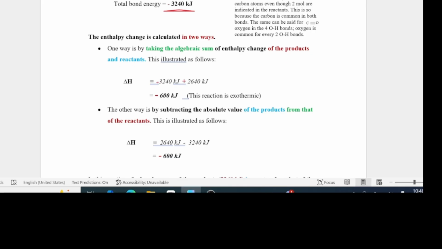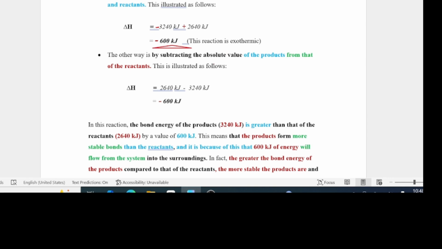You can just add these together. That is the value for the products. Add it to that of the reactants and you end up with this negative value. Or another way would be to take the absolute value of the products and from that subtract the absolute value of the reactants. When you subtract, you end up with the same value as in the first case.